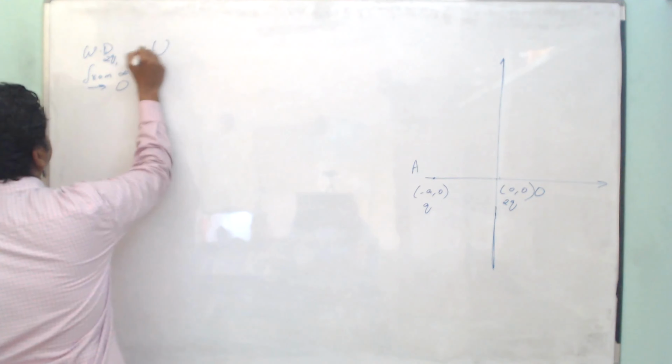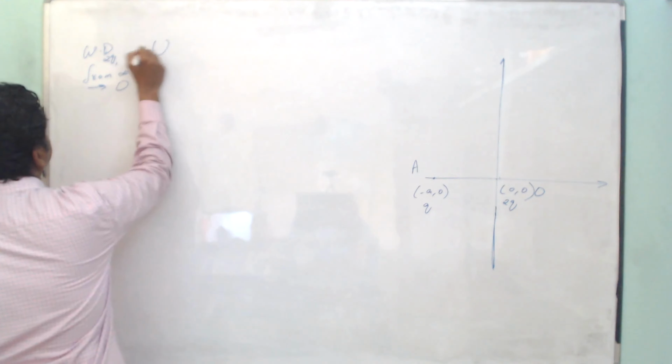Let us call it U1. Which will be how much? It will be K Q 2Q divided by A. So we can write this U1 is nothing but 2KQ square by A. Correct? Bringing the second point charge in the story.